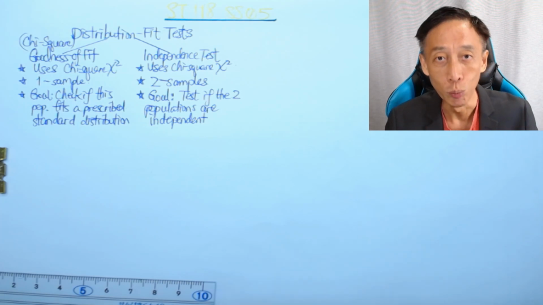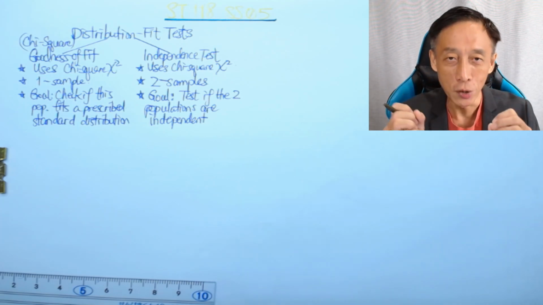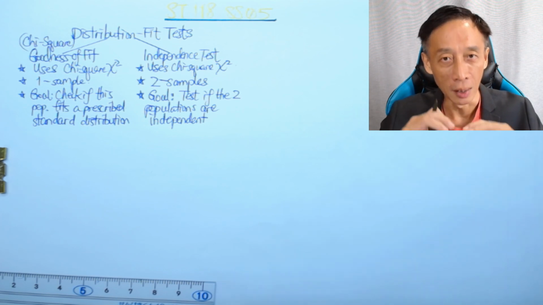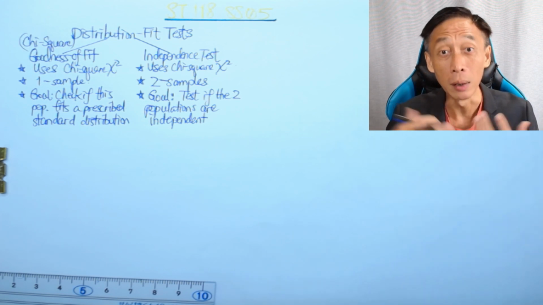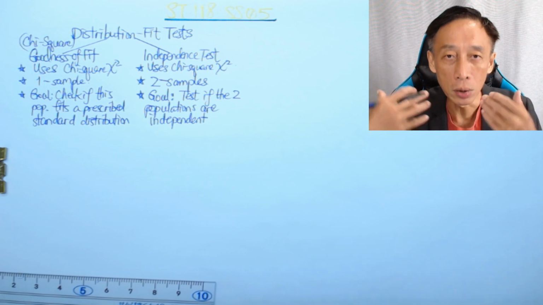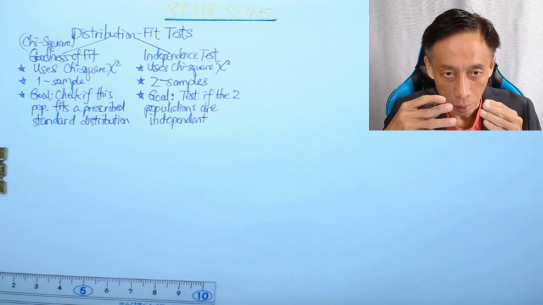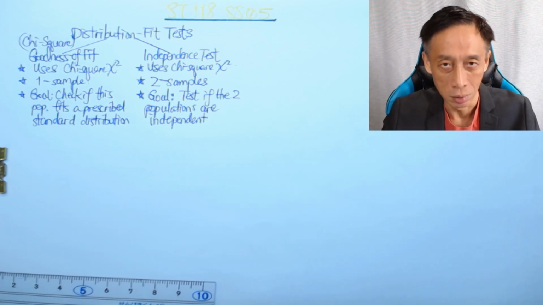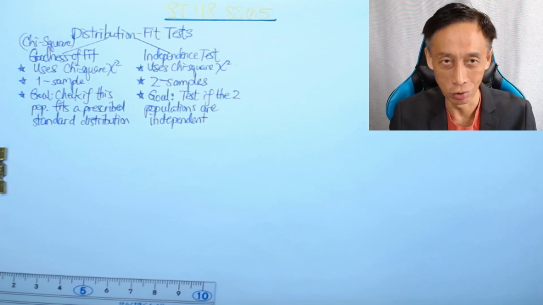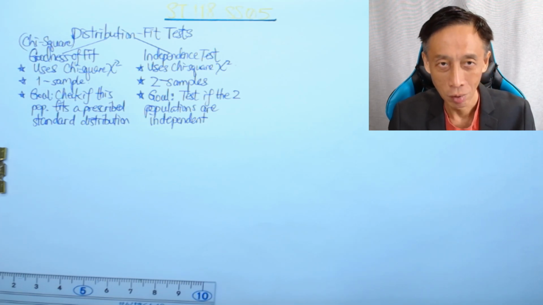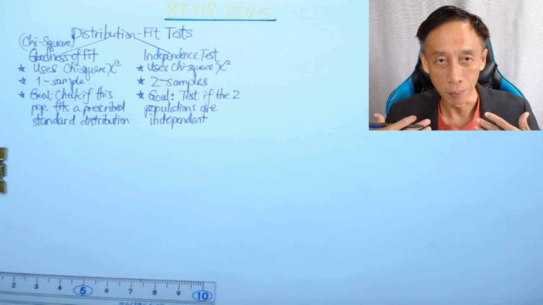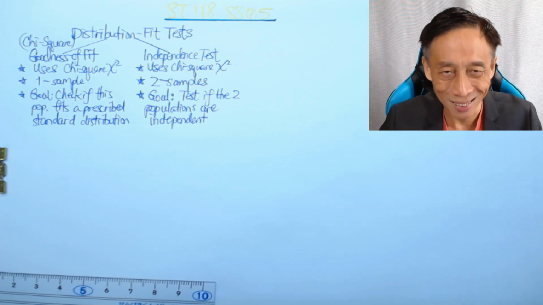They assume that the two populations are independent, the hypothesis first, and because of that assumption, it would result in an induced distribution. So I'll just call it the independence distribution.